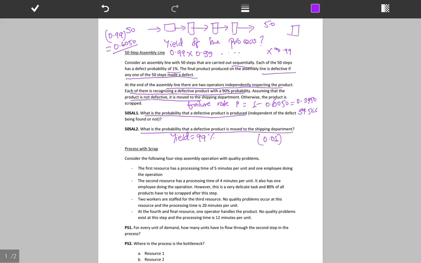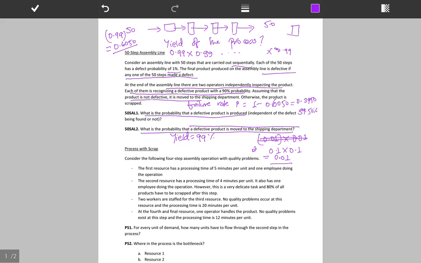We multiply the two failure rates, 0.1 and 0.1, to get the failure rate of the process, that is 0.01, right? And that's exactly what we wanted: the probability that the defective product is moved to the shipping department.